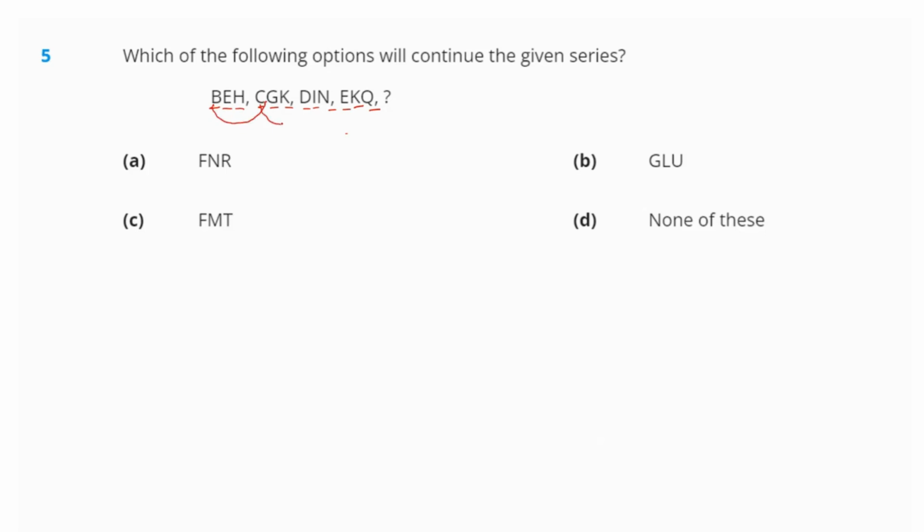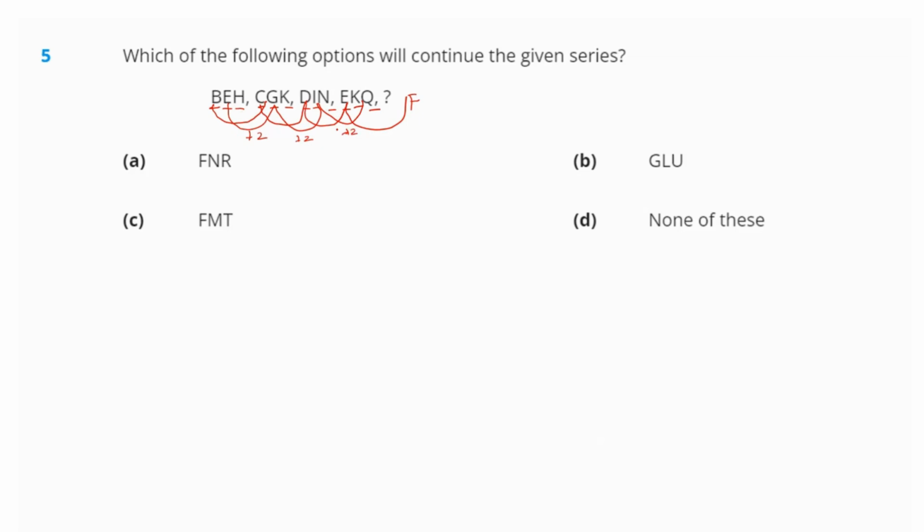B has connection with C, D, and E. So next will be F, plus 1. Now, E has connection with G, I, K, and the connection is plus 2, plus 2, plus 2.